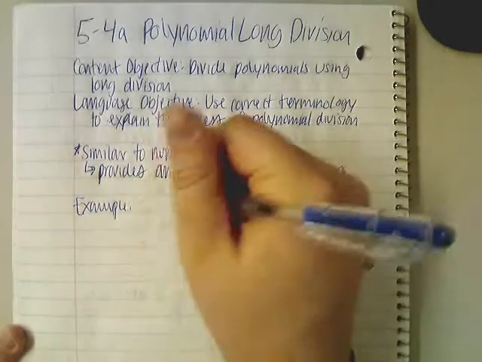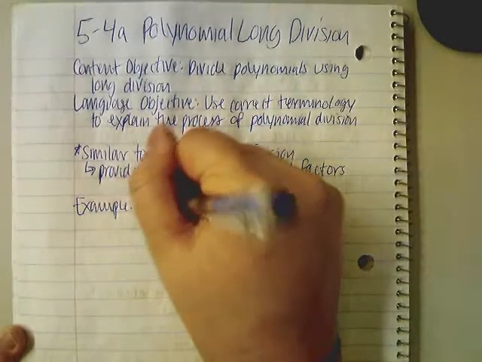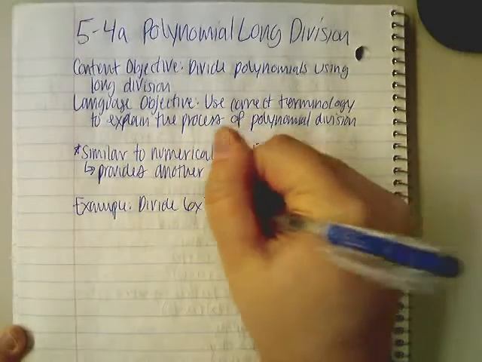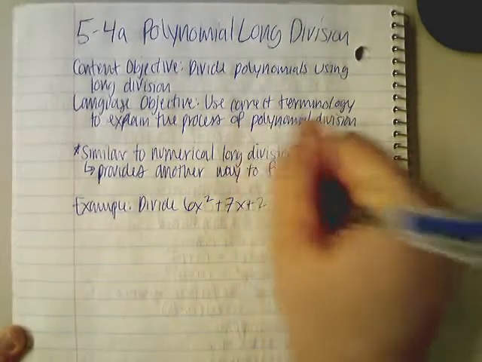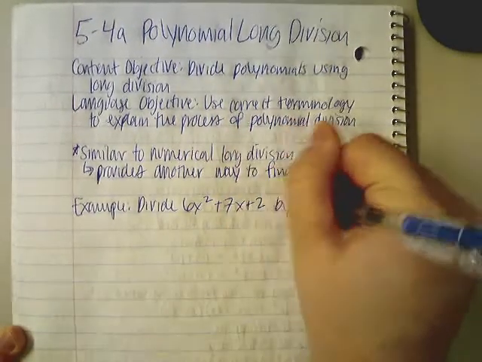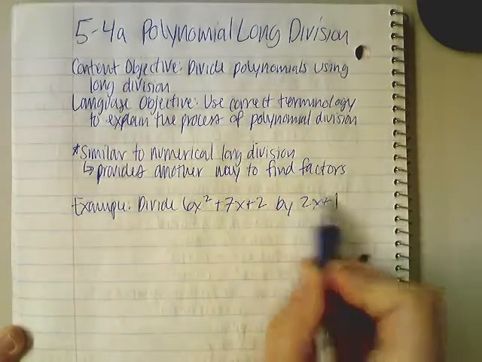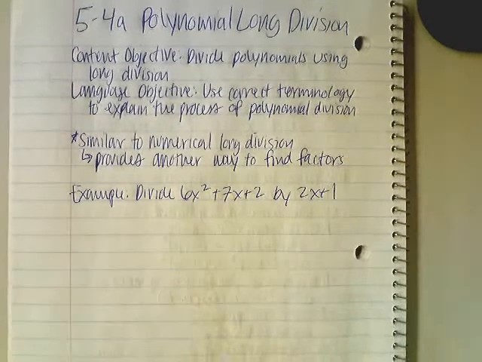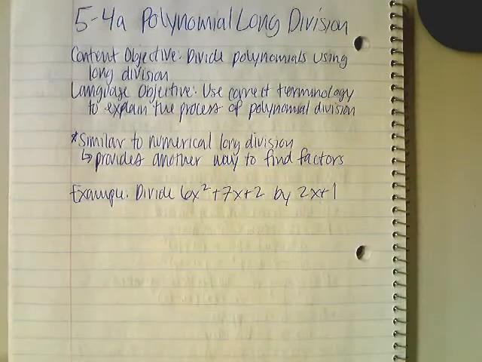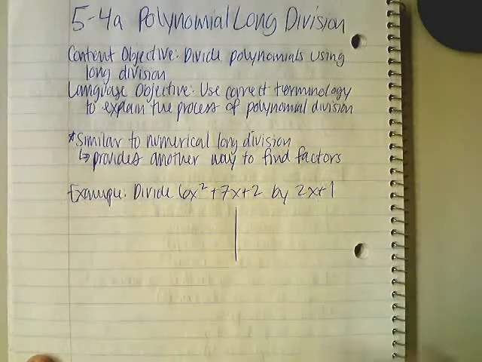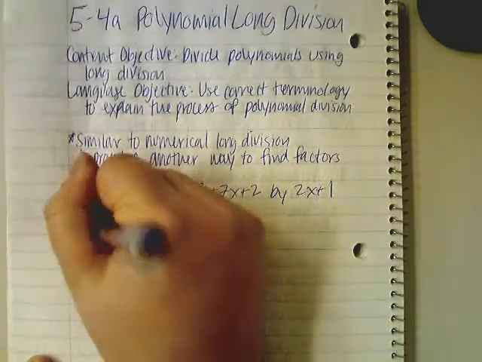So our example, I'm going to divide 6x squared plus 7x plus 2 by 2x plus 1. So I'm taking this polynomial, dividing it by this polynomial, so this quadratic divided by this linear term. First thing I'm going to do, write out my equation.